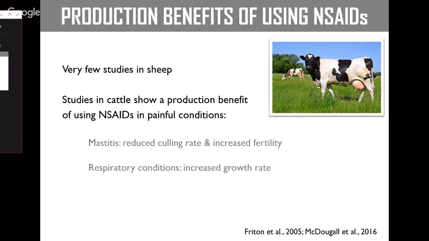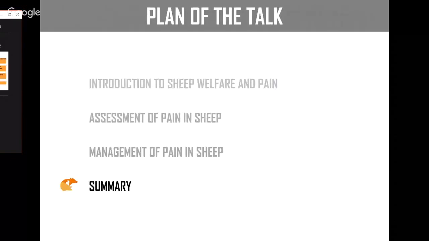So the possibility exists that the same production benefits apply to sheep, and I think that would be an added value, the use of NSAIDs, apart from the main reason by and large, which is improving the welfare of the animals.